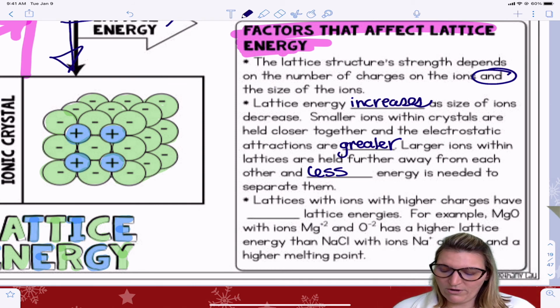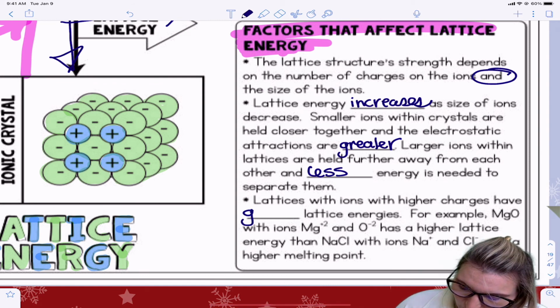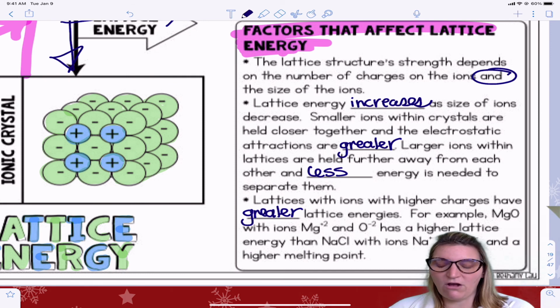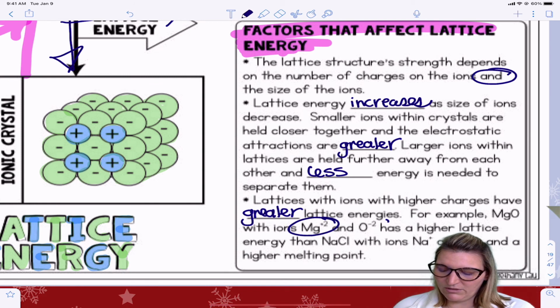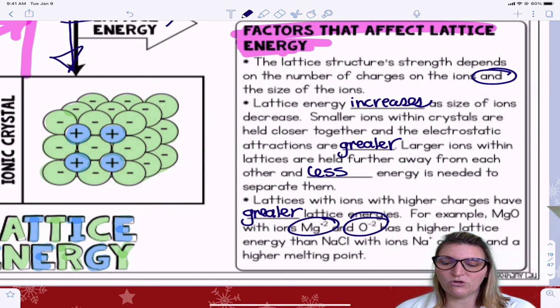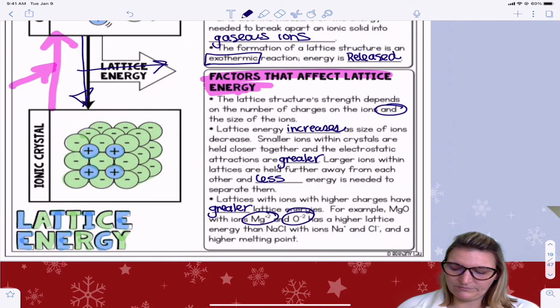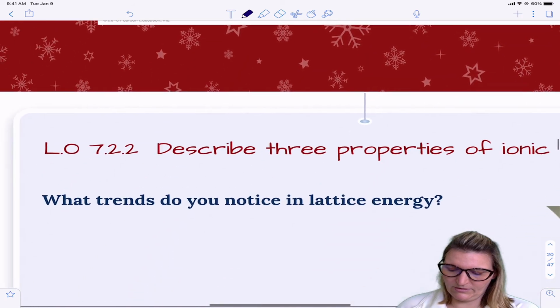And then we go to lattice ions with a higher charge. These have much greater lattice energies. We saw that on the table on the next page. And it gives us the example that magnesium oxide has 2+ and 2- ions, and its lattice energy is much larger than Na+ and Cl-. Right?